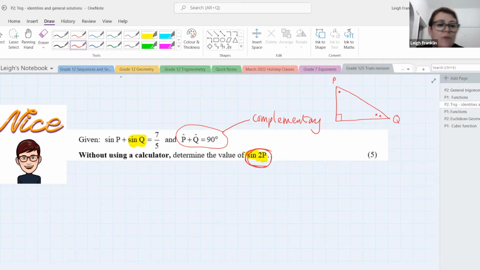We've got to try and write it in terms of P. So how could we rewrite sine Q in terms of P? Any ideas?